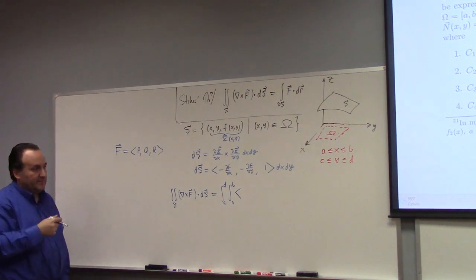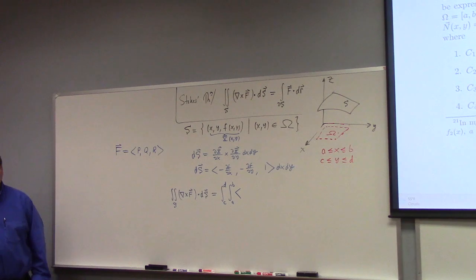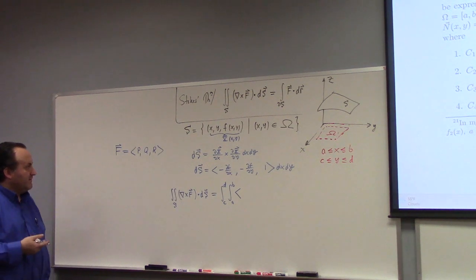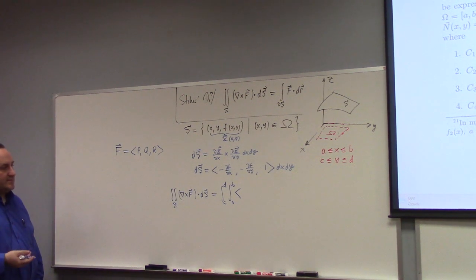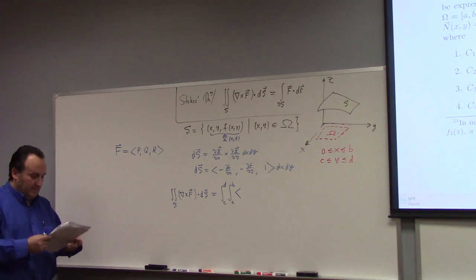All right, so the curl, remember, has three components that are formed from the partial derivatives of the components of the vector field as we calculated. Let's see here if I can find a formula for it right quick. We usually use the determinant mnemonic for it, don't we?